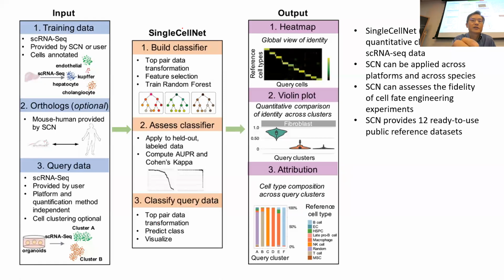Yeah, so this is called the single cell net. Training data, single cell data, and some user annotation. They borrow information from across species.